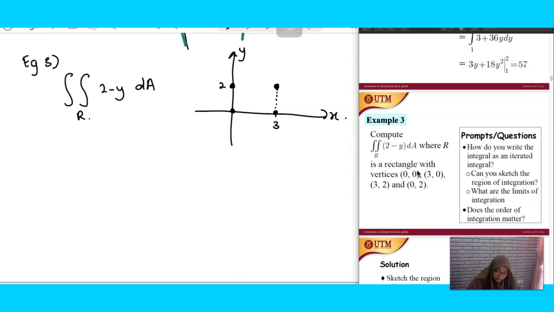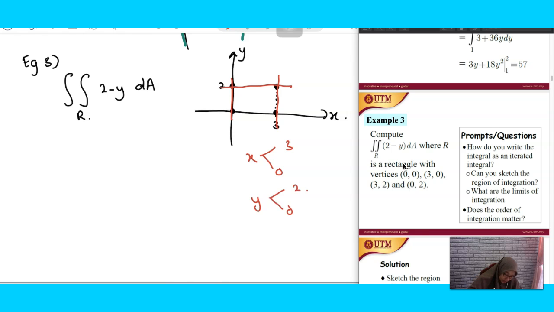So you have 4 vertices enclosing the rectangle. Using those 4 vertices, you have a closed and bounded rectangle, so when you sketch it, you have something like this. From this, you can see that the limit of x is from 0 to 3, and the limit of y is from 0 to 2.